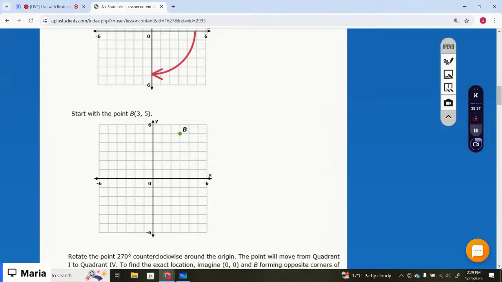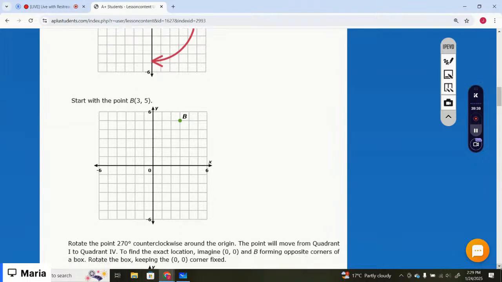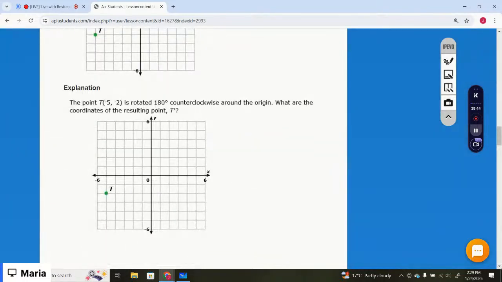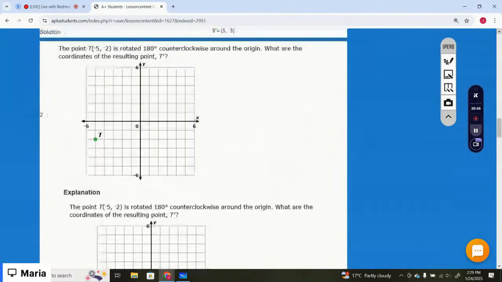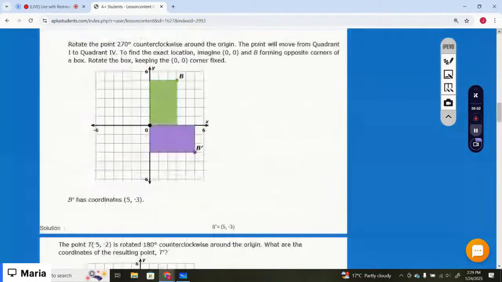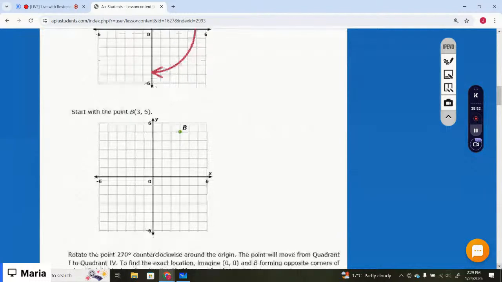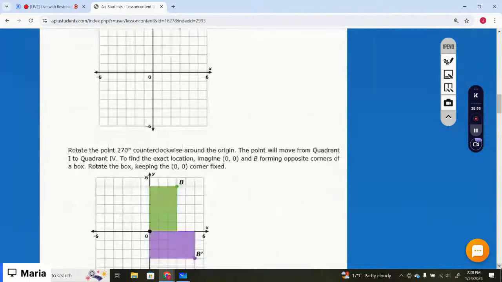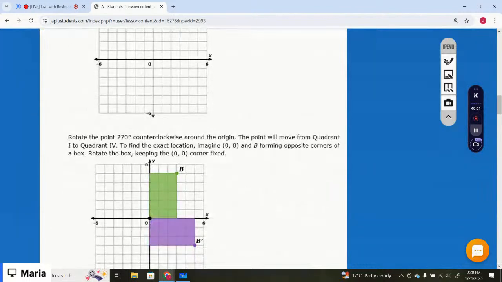So you have to start with the point 3, 5. Here is the point 3, 5 and imagine the center 0, 0 and B forming opposite corners of a box.